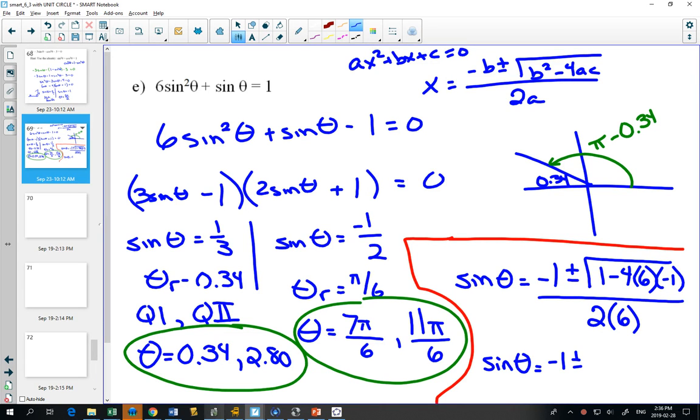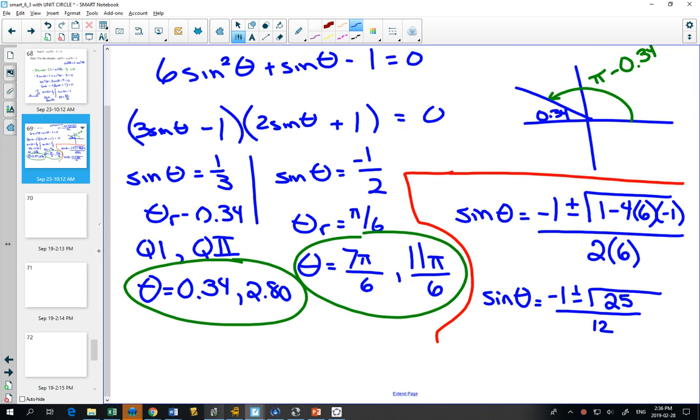Negative 1 plus or minus. Here I'm going to get 1 plus 24, which is 25, over 12. The square root of 25, negative 1 plus or minus 5 over 12, which means one answer is when you add 5.